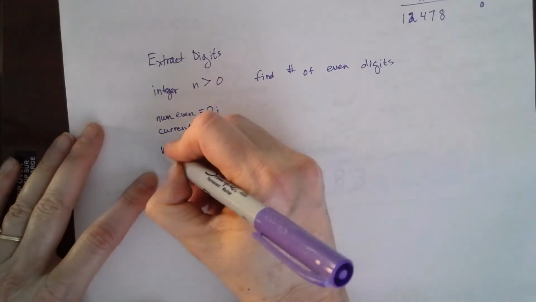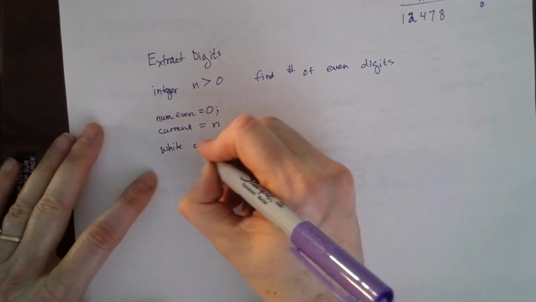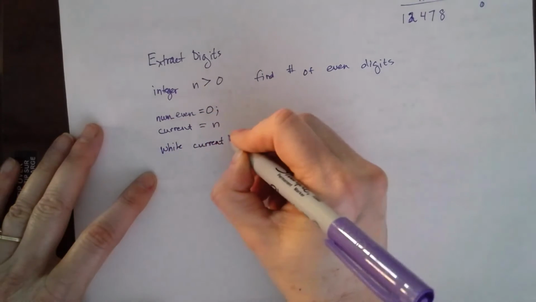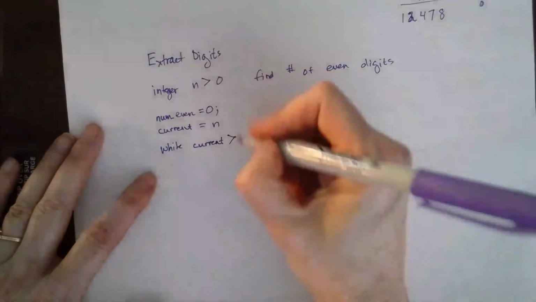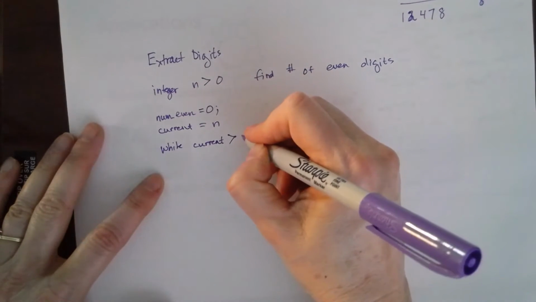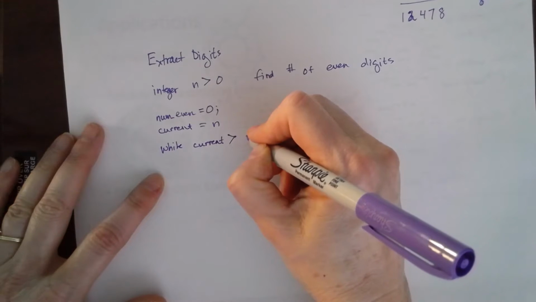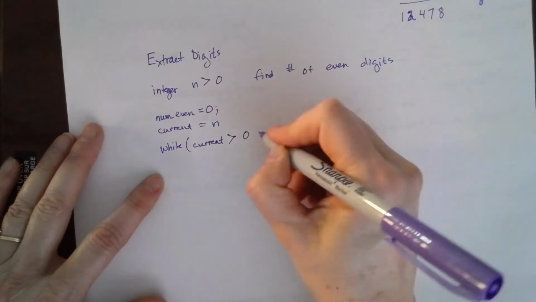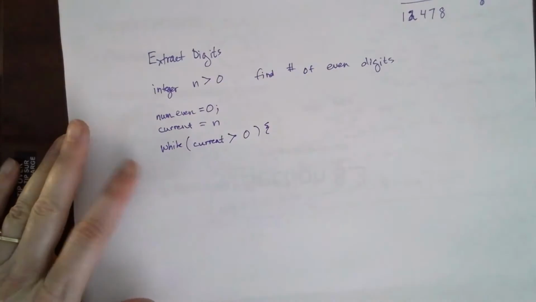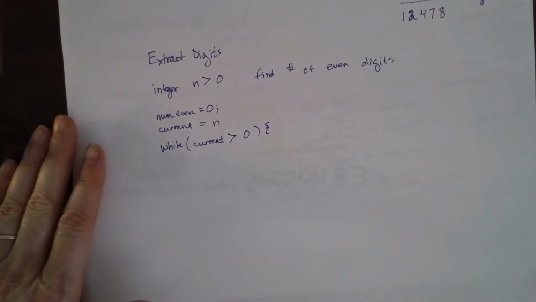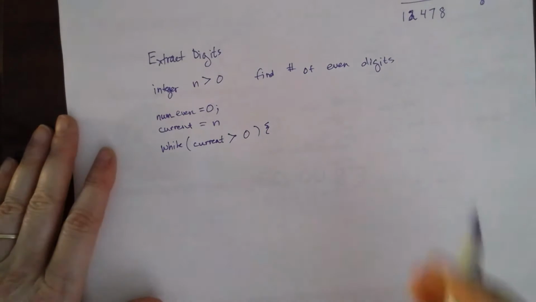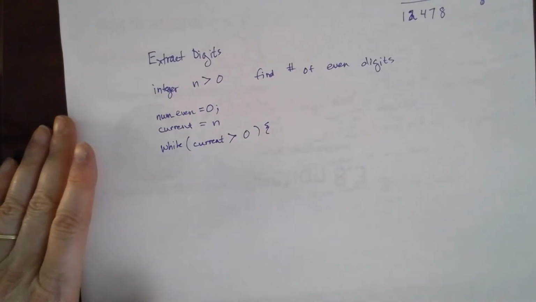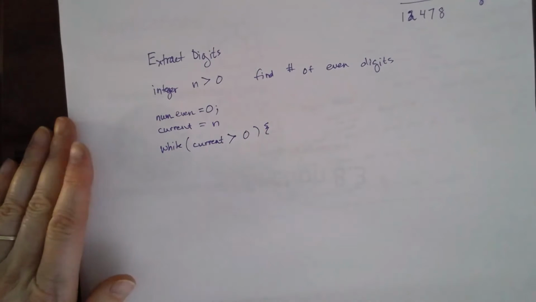And I could say, while my current value is greater than 0, I think that should work. So which digit am I going to look at first to check if it's even or not?